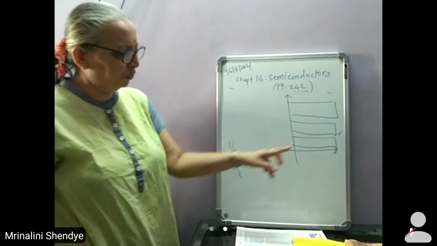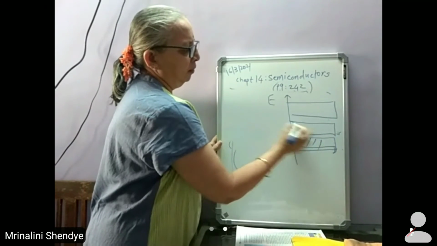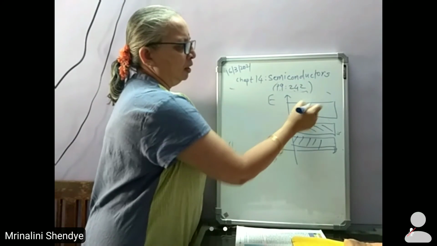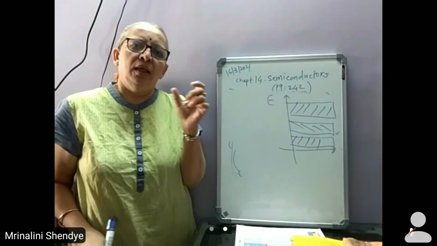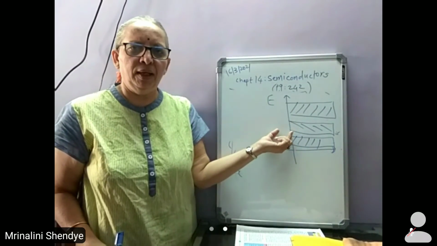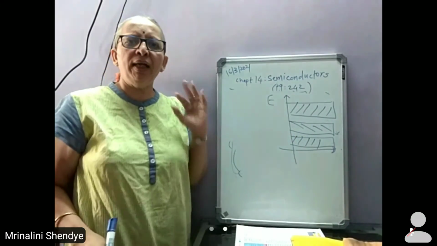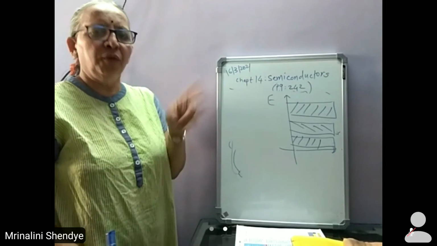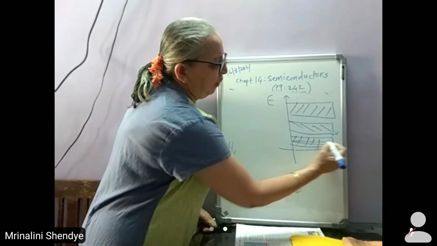So this is the first energy band, this is the second energy band, this is the third energy band. So instead of considering a particular energy level, we consider the energy band. The number of electrons in the first orbit from different atoms have different energy values.